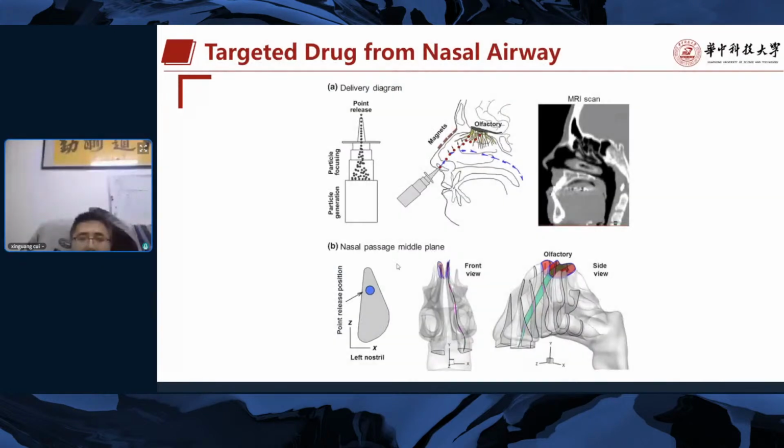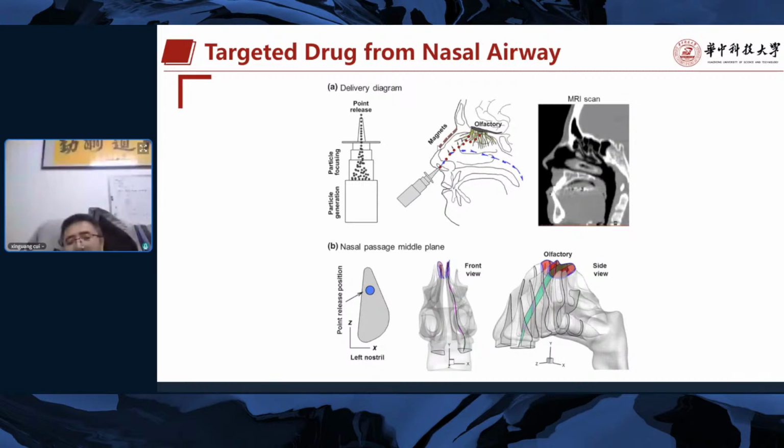And then, in the drug delivery area, we always try to deliver the particles to a special position, for example to the olfactory position, and in fact we can use magnetic force to control the particles to the olfactory region.